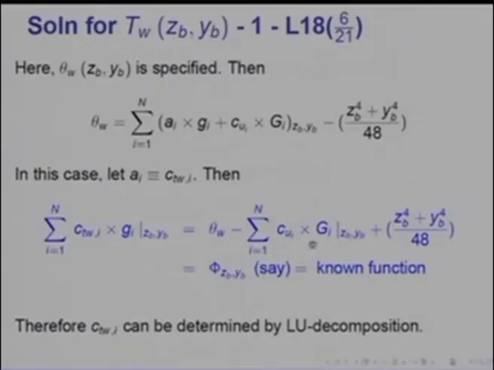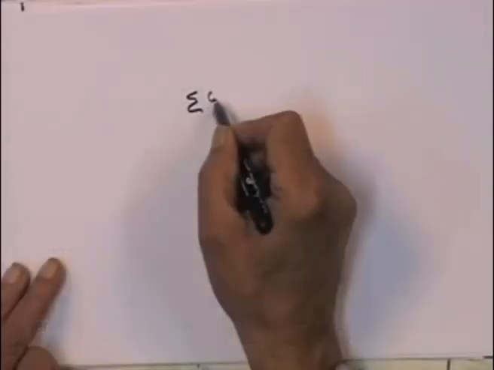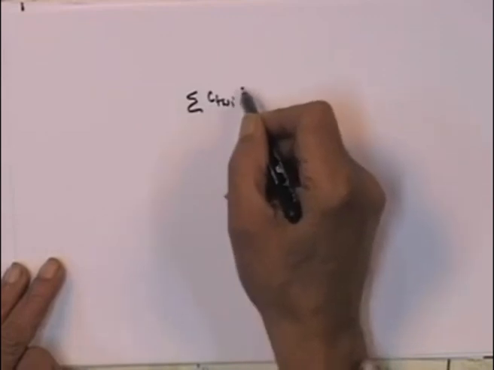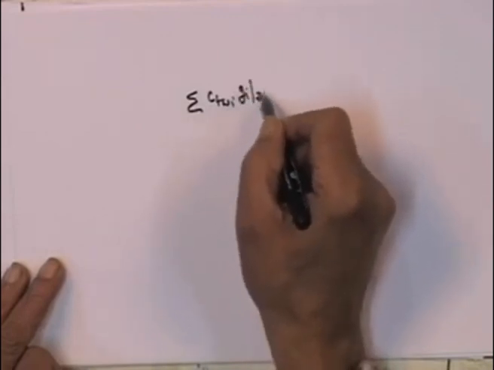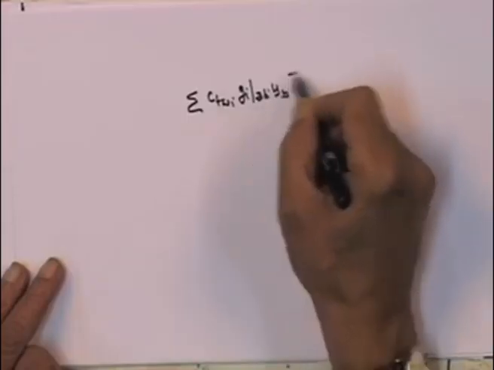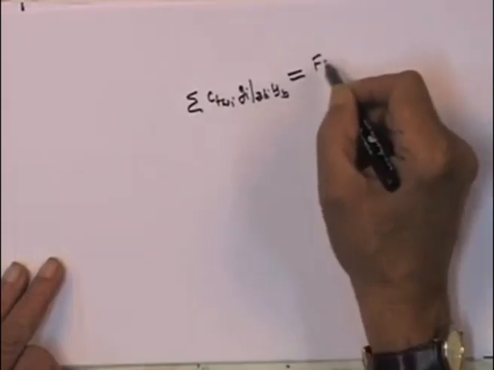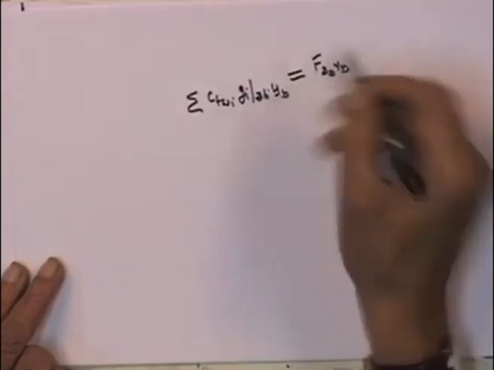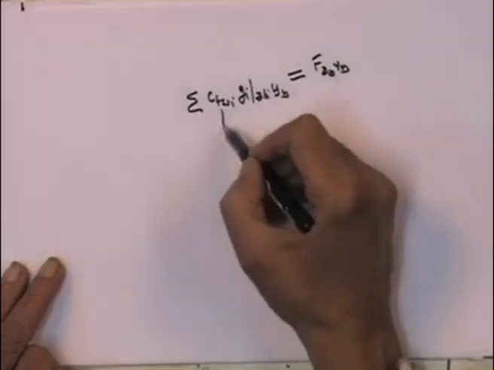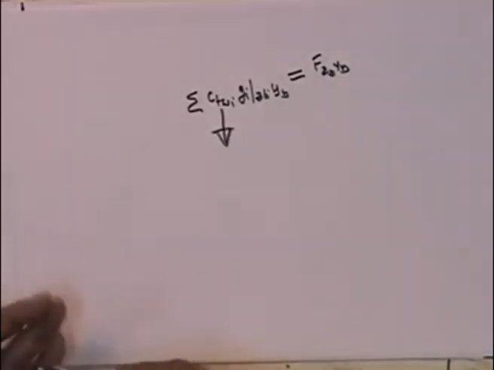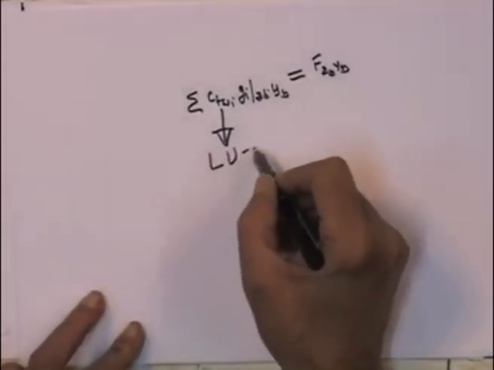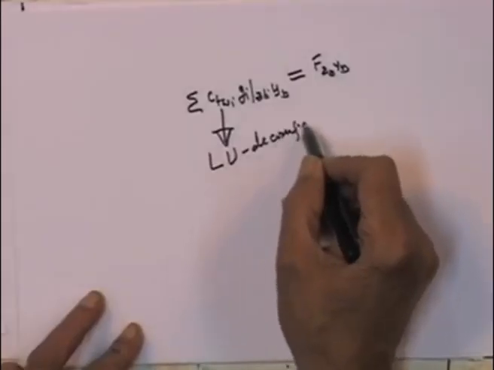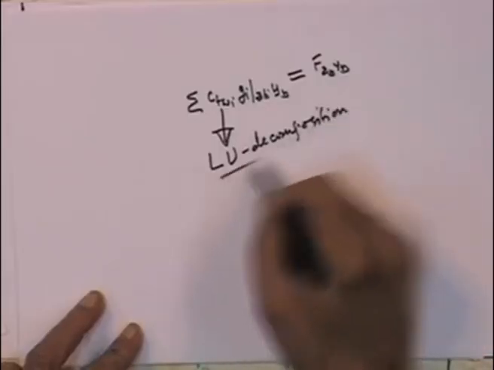So, essentially now you again have a problem very similar to that of the velocity problem. The sum of c t w i g i at z b, y b is equal to some function of z b, y b, and the task is to determine c t w i, which we can do by LU decomposition as before.